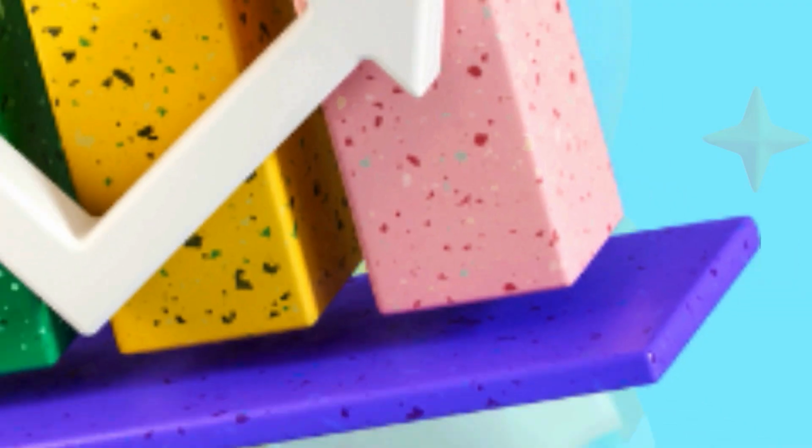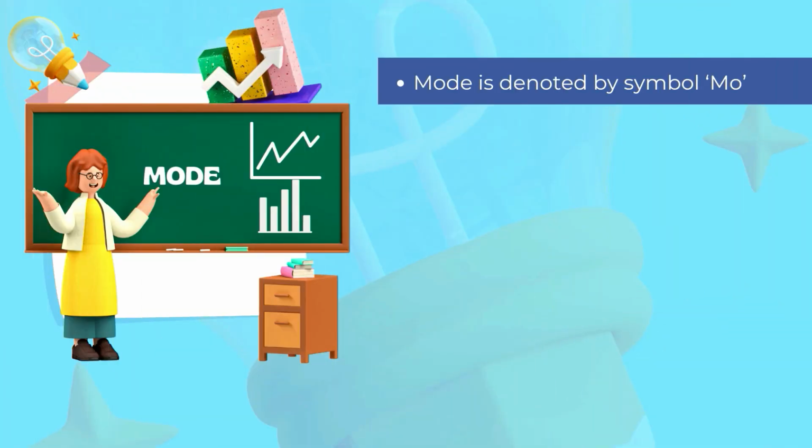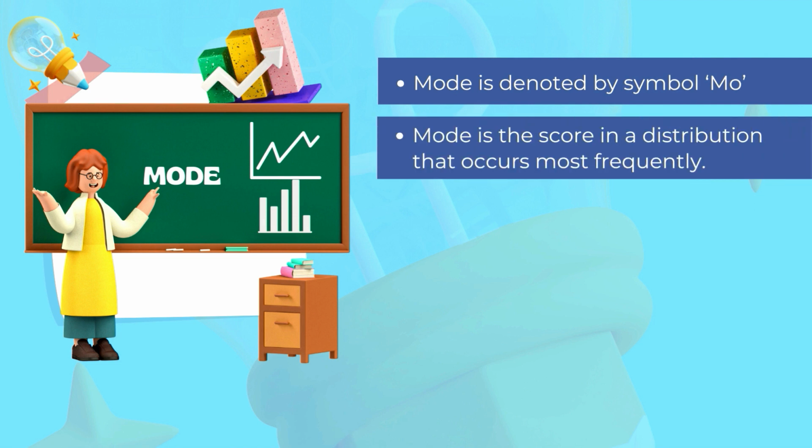So let me talk about mode as well. Mode is denoted by the MO symbol, and the mode is a score of the distribution that occurs most frequently. So mode can be easily associated with the most frequent data.